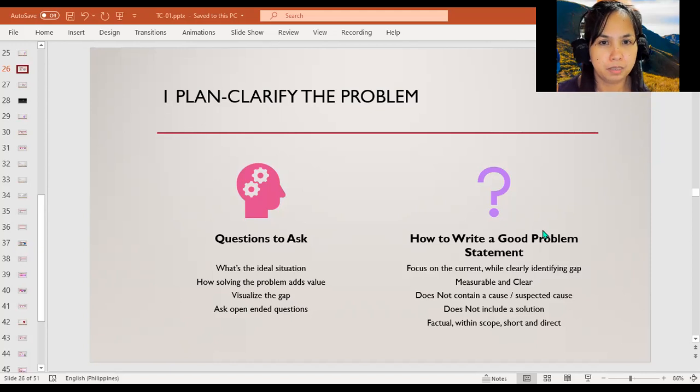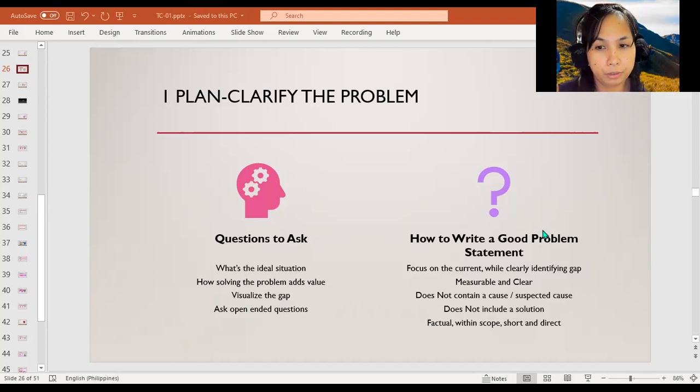Okay. So we turn our attention to what to ask when clarifying a problem. There are some questions first and foremost that must be addressed as we work to clarify the problem. First we must understand what the ideal situation is. And many times organizations have no idea what good looks like. So before they work to improve things, they must at least determine what success looks like.